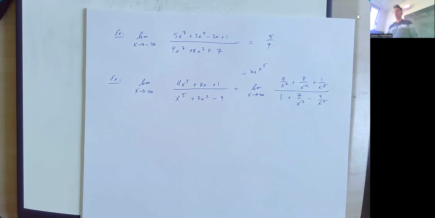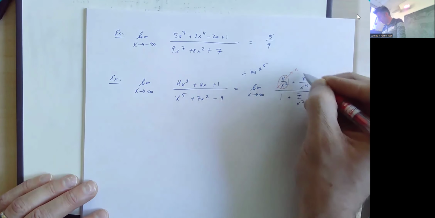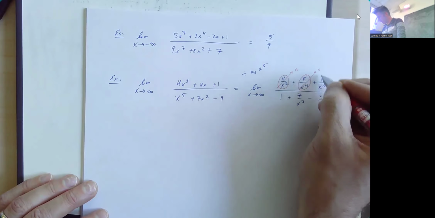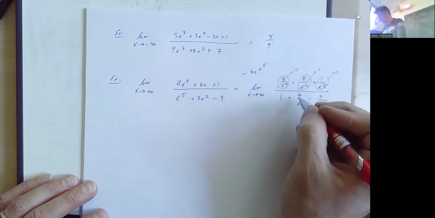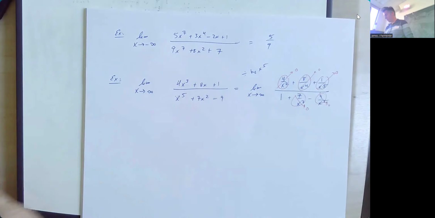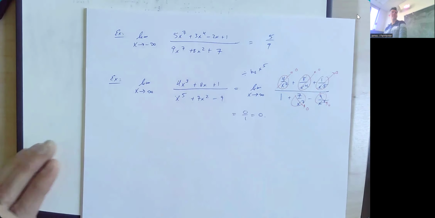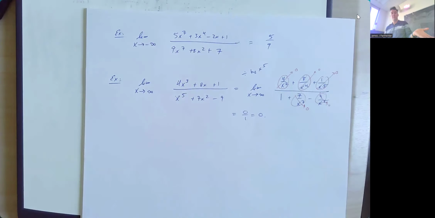And just like the previous times, everything divided by x to a positive power is going to get closer and closer to 0 as x gets larger and larger. So we end up with 0 plus 0 plus 0 over 1 plus 0 minus 0, which is going to be 0 over 1, which is 0. So not surprisingly, when the denominator has a higher degree than the numerator, the limit's going to be 0.